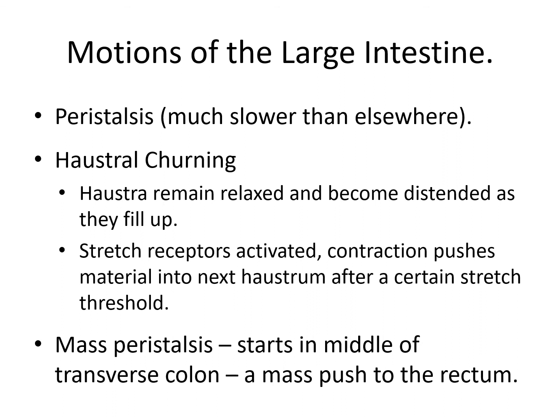Again, this is involuntary, using smooth muscle, and that allows for increased mixing again. Then we have mass peristalsis, which is what occurs during defecation. So we have this massive push. Basically, the entire colon is going to push in a concerted effort to pass feces.